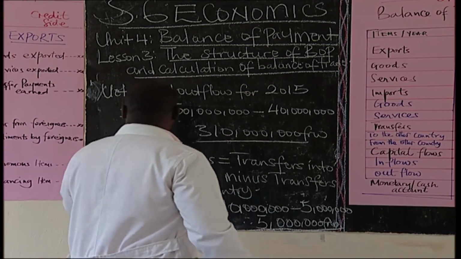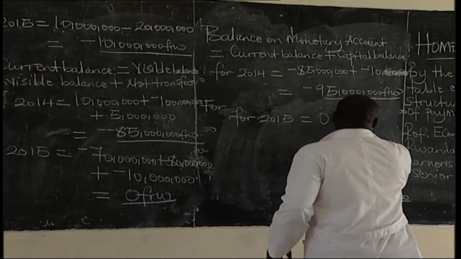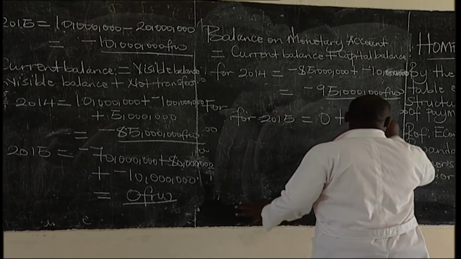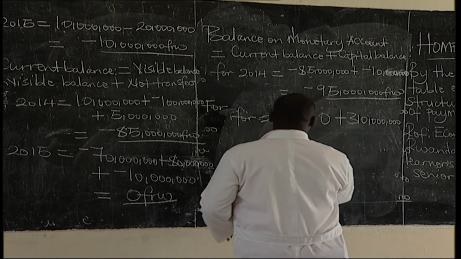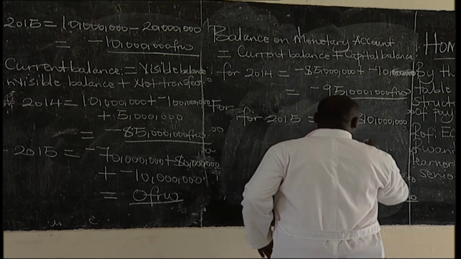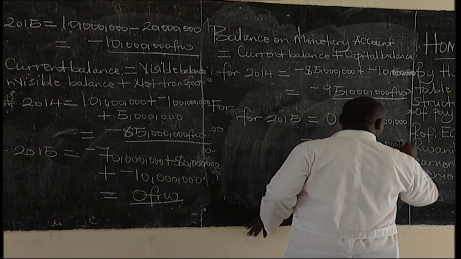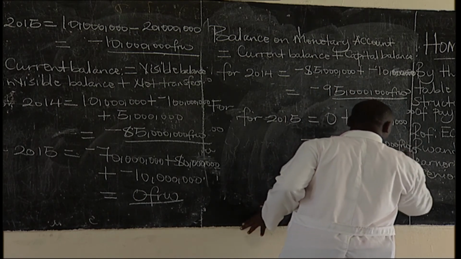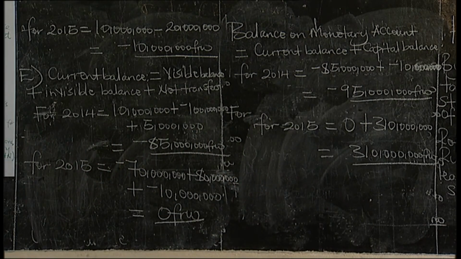The net capital flow for 2015 is 310 million. If you add, you will get 310 million francs. That is how we calculate the visible balance, invisible balance, the current balance, and the net capital outflows.